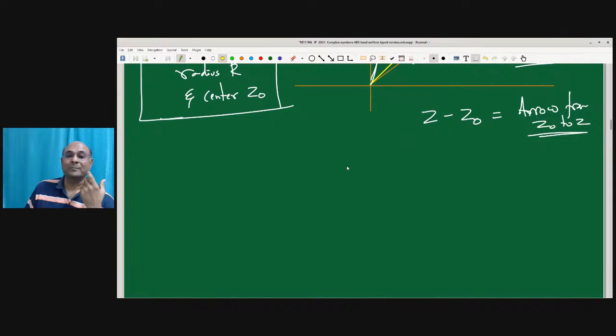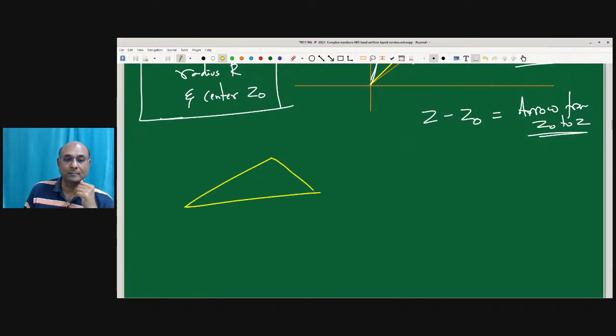We call this the triangle inequality. You know that for any triangle, this length plus this length is bigger than that length. Correct? If this is Z1, this is Z2, this is Z1 plus Z2, the magnitude of Z1 plus Z2 is the length. This is complex number addition, not magnitude addition.